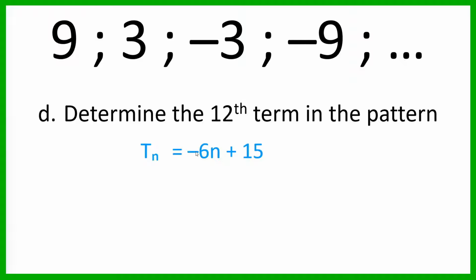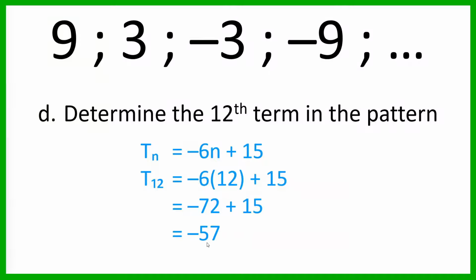And now the 12th term is where n is 12. So I'm going to replace the n over here with 12 and the n over here with 12. And that gives me T12 is equal to negative 6 times 12 plus 15. If we simplify that, negative 6 times 12 is negative 72, plus 15 gives us negative 57. So the 12th term is equal to negative 57.